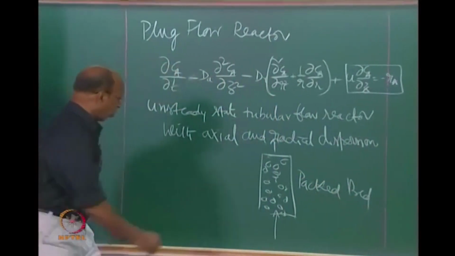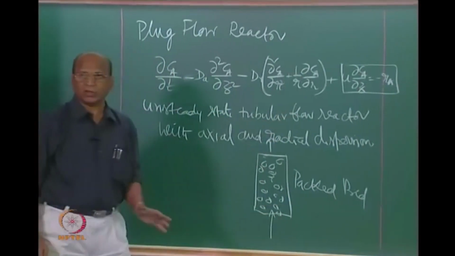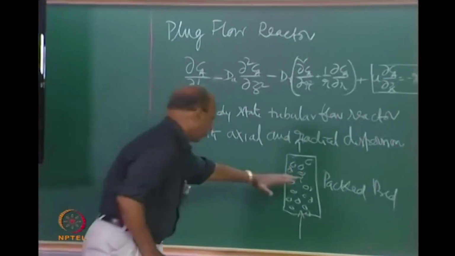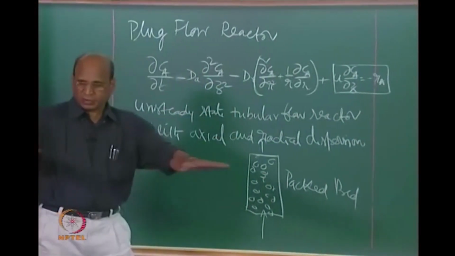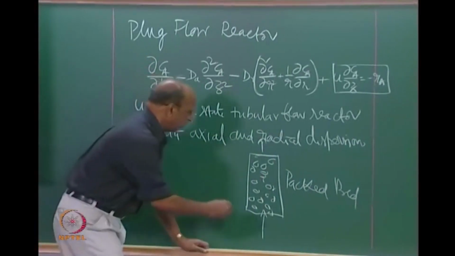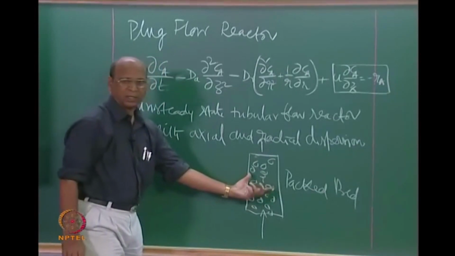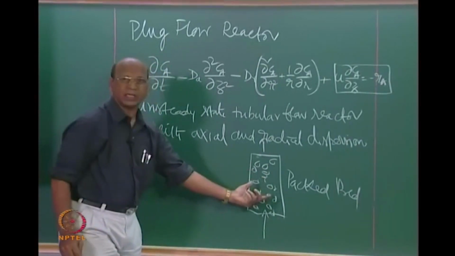When it is entering, we assume that it is entering as plug flow. That means before that I have a uniform velocity profile, and there are many assumptions like this, this is only the academician's way of representing the packed bed, but in reality you will never have a packed bed like this.